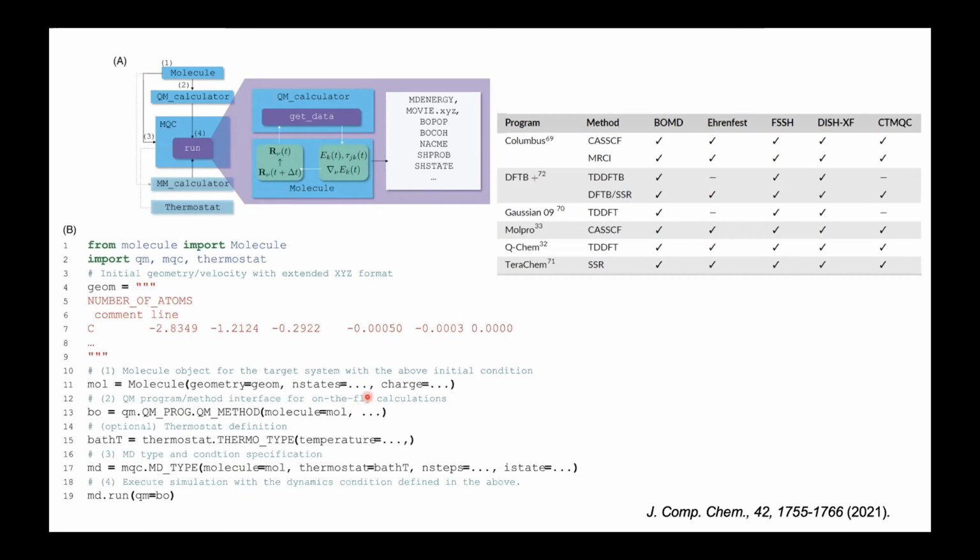Here we have quantum chemistry programs with different excited-state calculation methods, and we offer several quantum-classical algorithms, including the coherence-corrected surface hopping dynamics. If you want to use a different quantum chemistry package, we are happy to provide the interface, so please contact me.